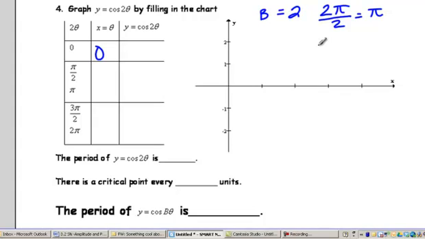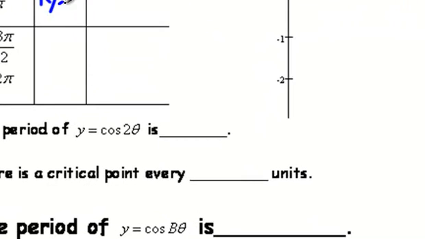And it means we're going to have a critical point every 2 pi divided by 4 times 2, which means every pi over 4. So we got pi over 4, pi over 2, 3 pi over 4, and pi.